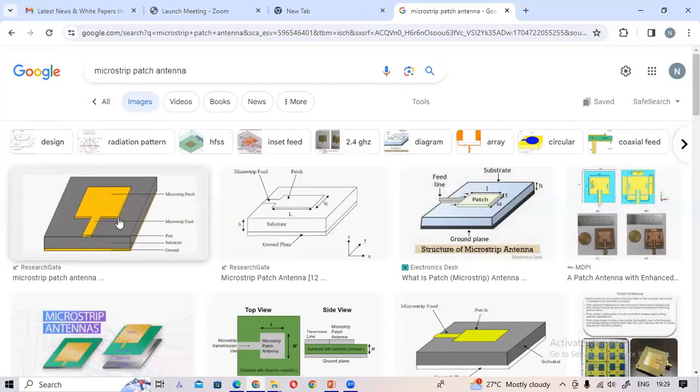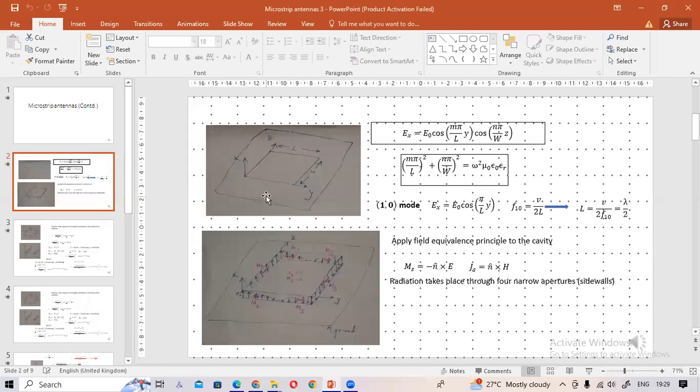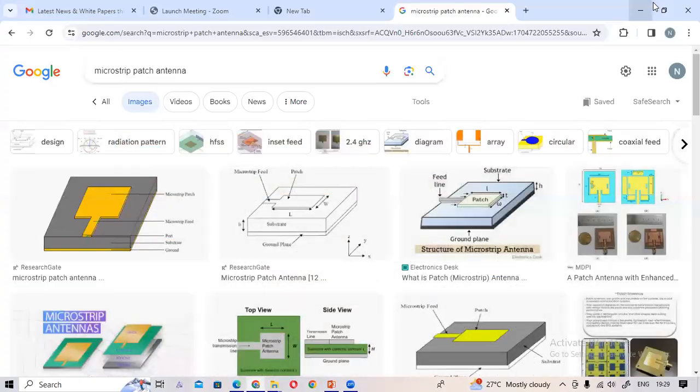Here you have the width and here you have the length. Y direction is length, Z direction is width. The Z direction is from here to here, and the thickness is in the Y direction.